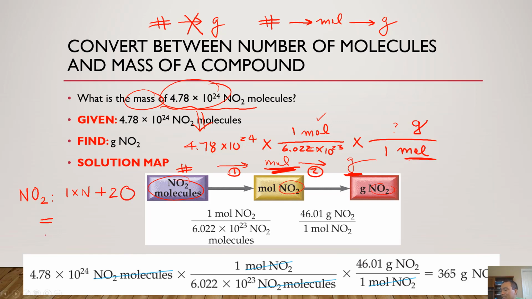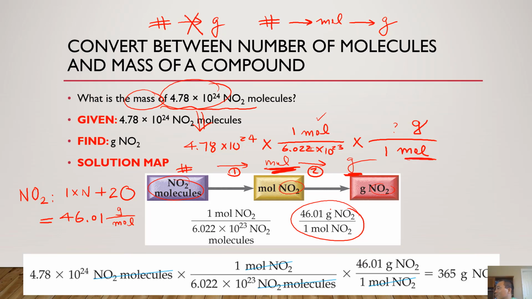So when you do this calculation, this gives you 46.01. Okay, look this up in your periodic table. All right, so after you do this calculation, we can write it as grams per mole as the unit. Or you can write 1 mole is 46.01 grams.